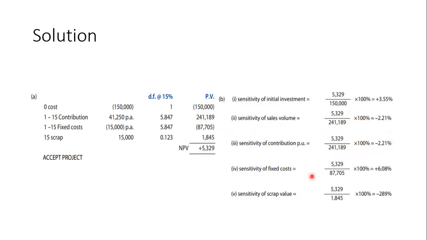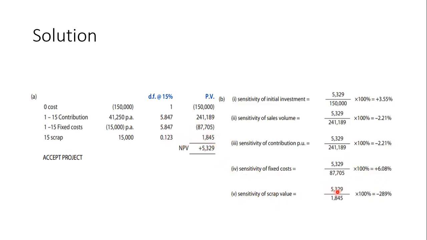Now let's look at sensitivity of fixed costs. Your NPV divided by your fixed cost. Your fixed cost is 705, sorry. You express that as a percentage, you have 6.08. Sensitivity of scrap value. Scrap value is what? 1,845.